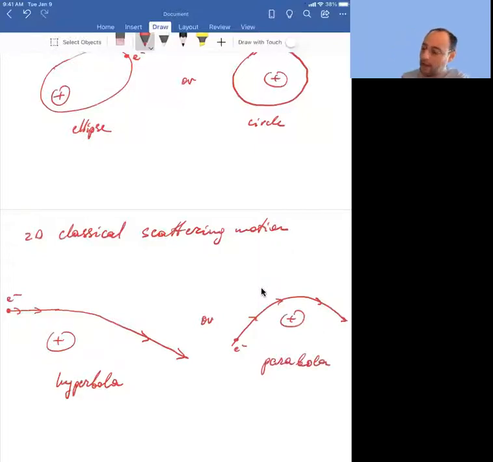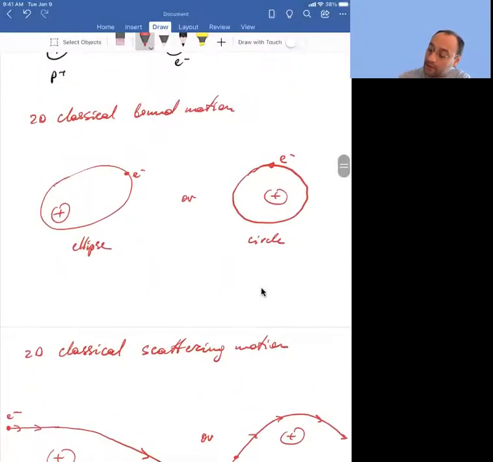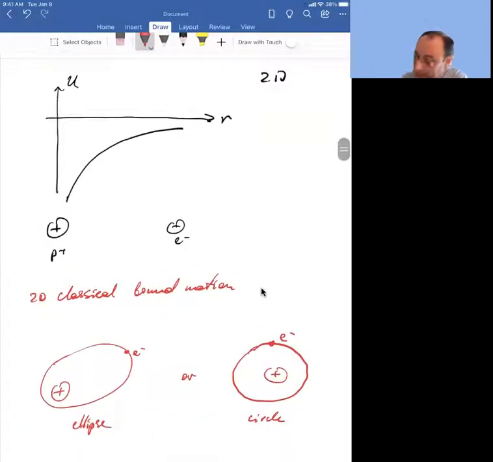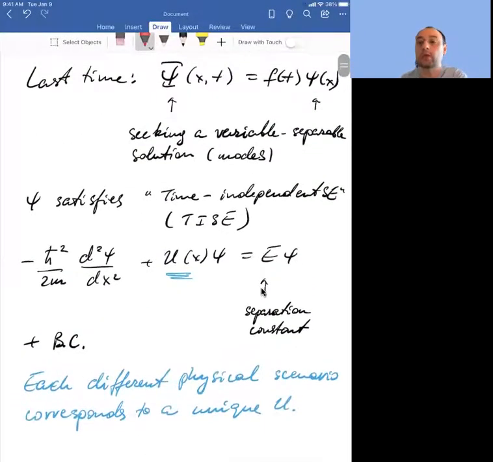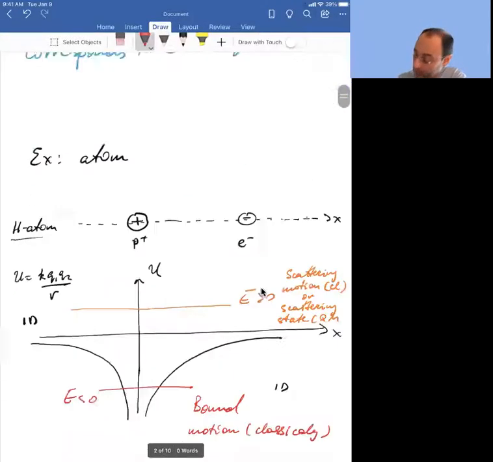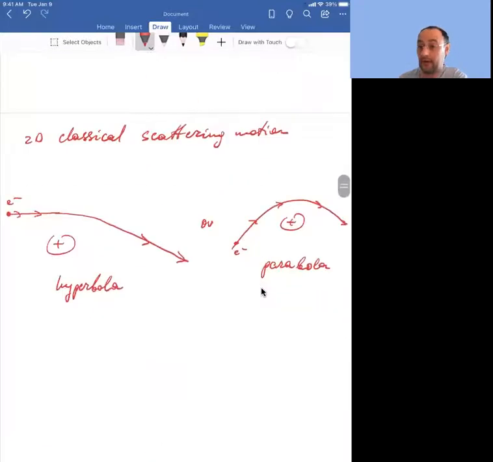So a quantum version of this problem would say, well, let's take this potential energy function in 2D or in 1D and solve the Schrodinger's equation with some appropriate boundary conditions. And instead of obtaining a trajectory, which even classically is not a trivial thing to do, you would obtain the wave function.